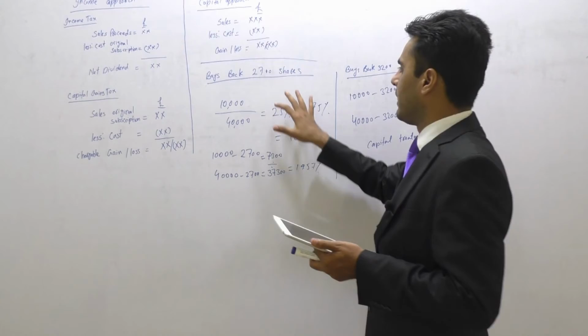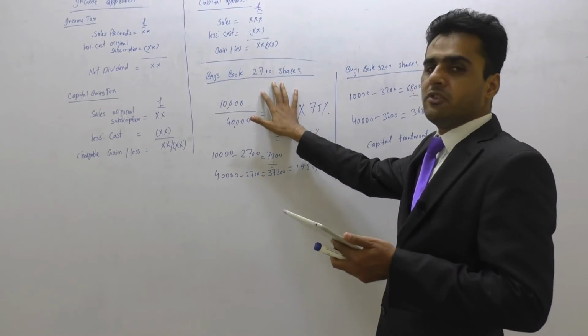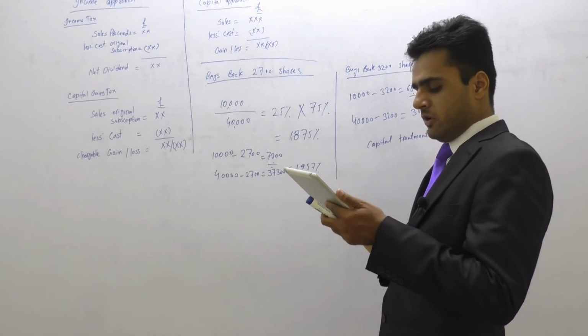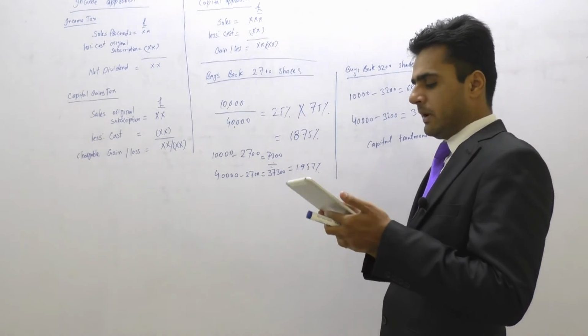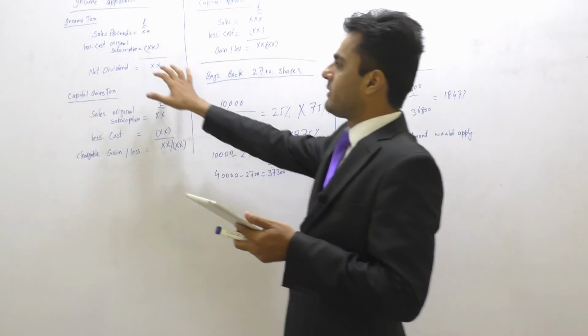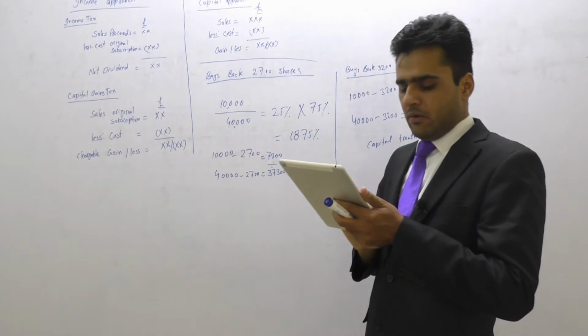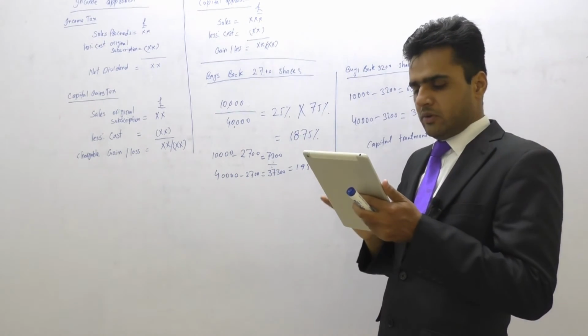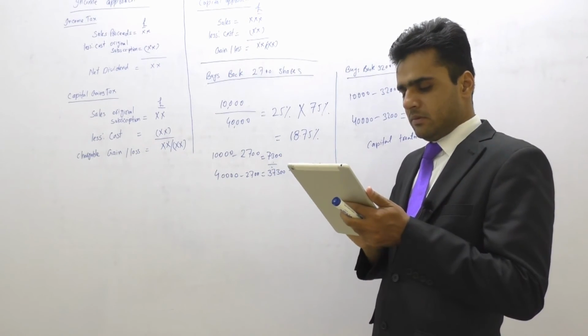So in this case, because she's selling 2,700 shares, the company is buying 2,700 shares. Now we'll have to see what is the share price. We'll take sales proceeds, which will be the market value. Now let me see on the question what was the market value.